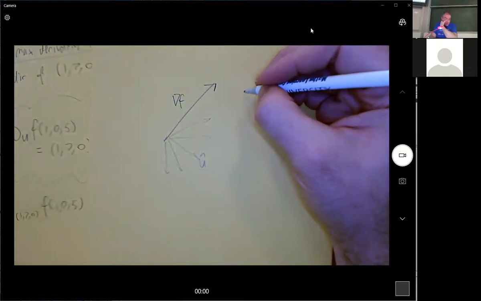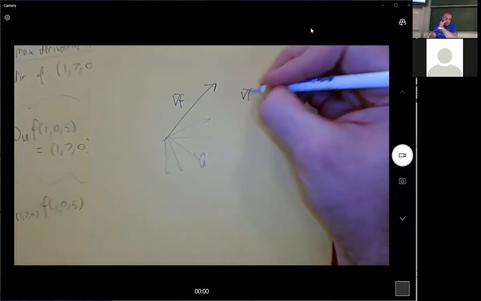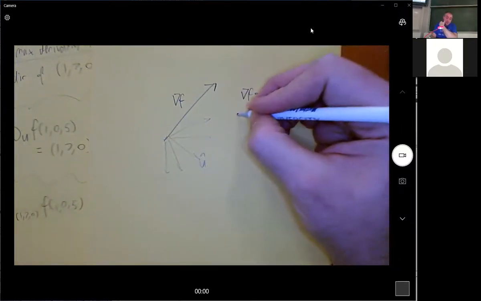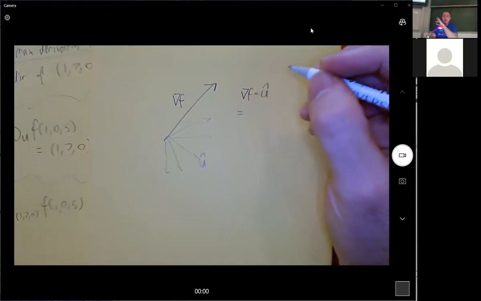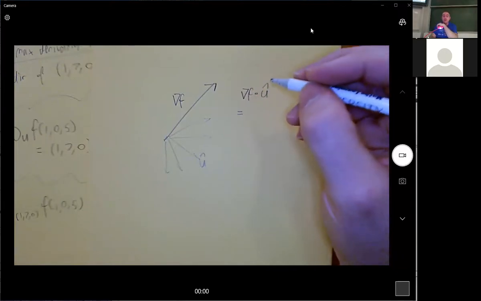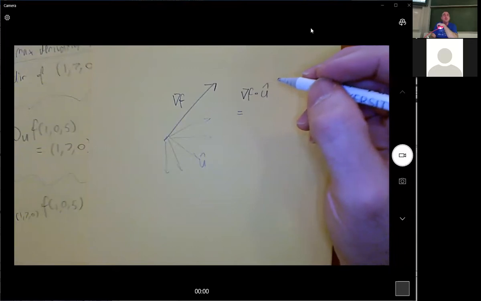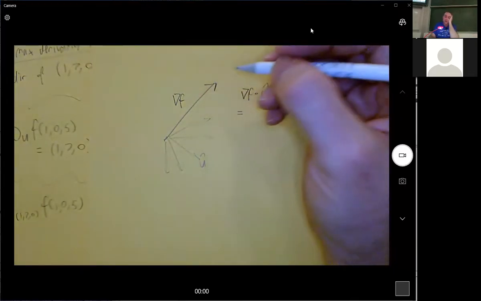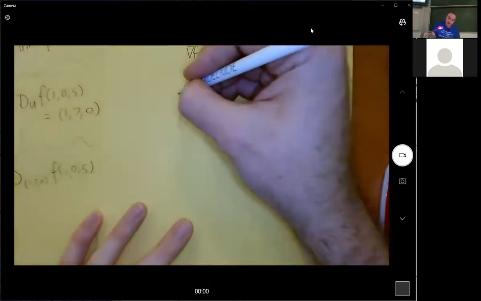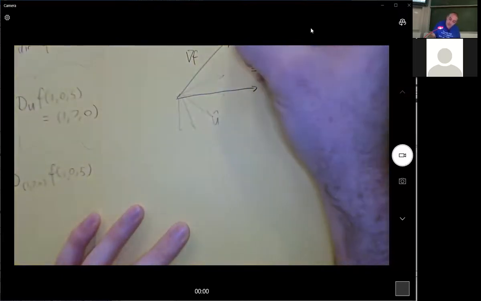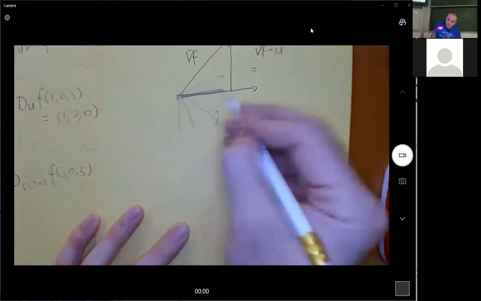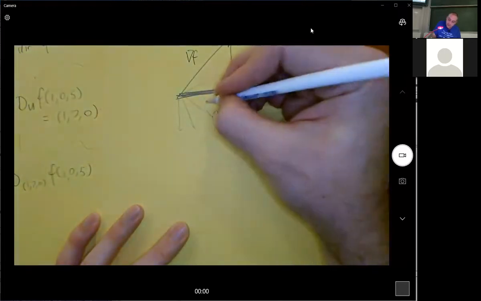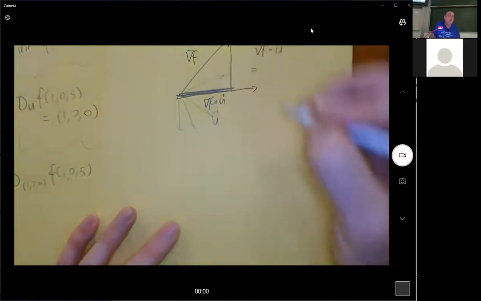When I do the dot product of something with a unit vector, it is the length of the projection of your vector onto that unit vector. That's a linear algebra thing. So if I do the gradient of f dotted with this vector, then that length there is gradient of f dot u hat.